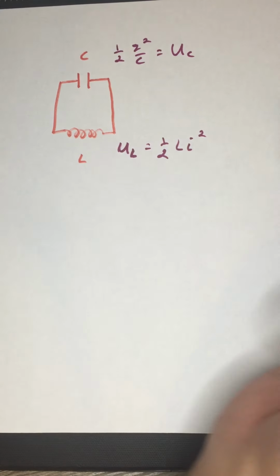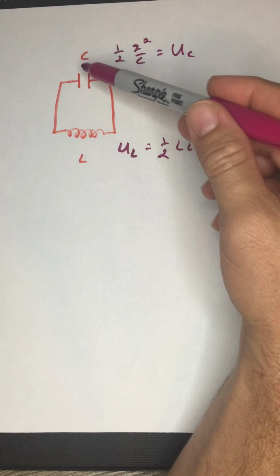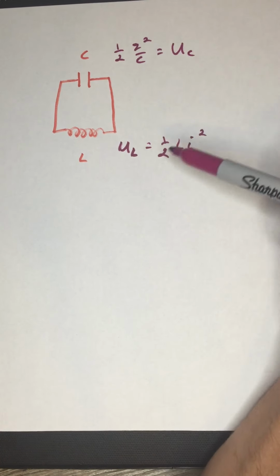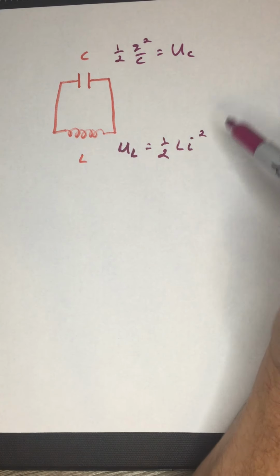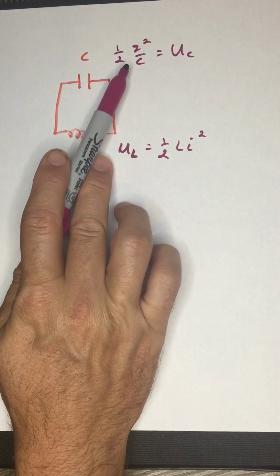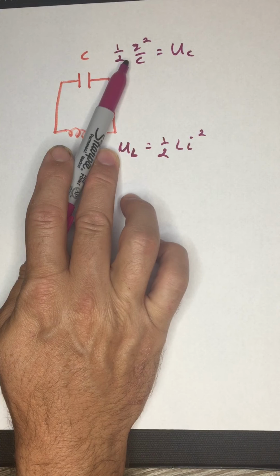If you're looking at this from an energy standpoint, the energy is always split between the capacitor and the inductor. I've given you a small q and a small i here. Remember, that's our symbol for charge and current as a function of time. So this little q indicates that the charge on the capacitor changes in time.